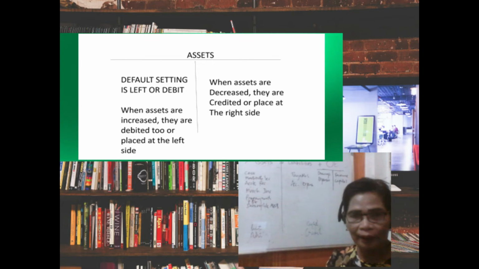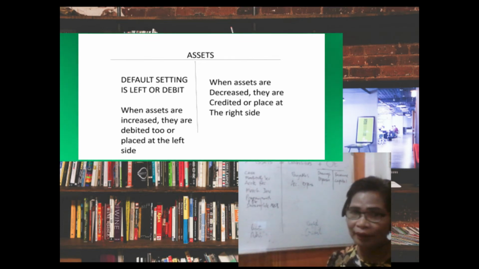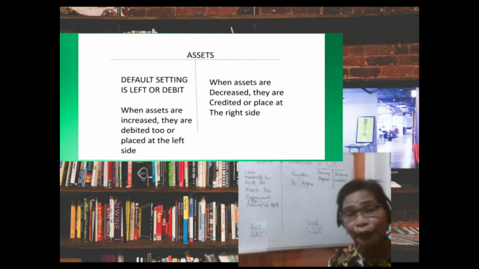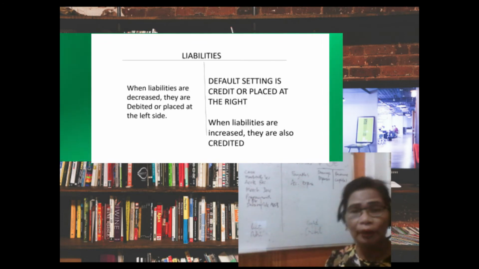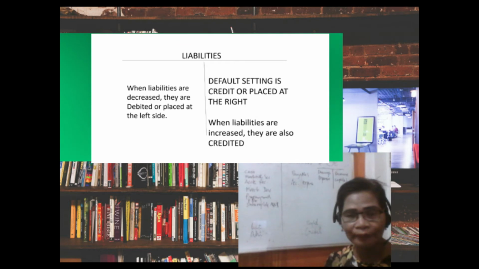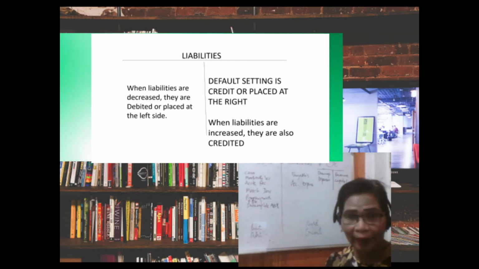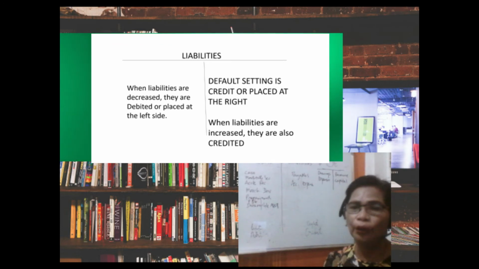But when you sell an asset and there is a decrease of asset, this is the time that you place them at the right side. They are no longer at the left side, but transfer to the right side because they are being decreased. Just like the liabilities: if you incur a liability, they are increased, so you place them at the right. But once you pay or settle that liability, you transfer it to the debit side.